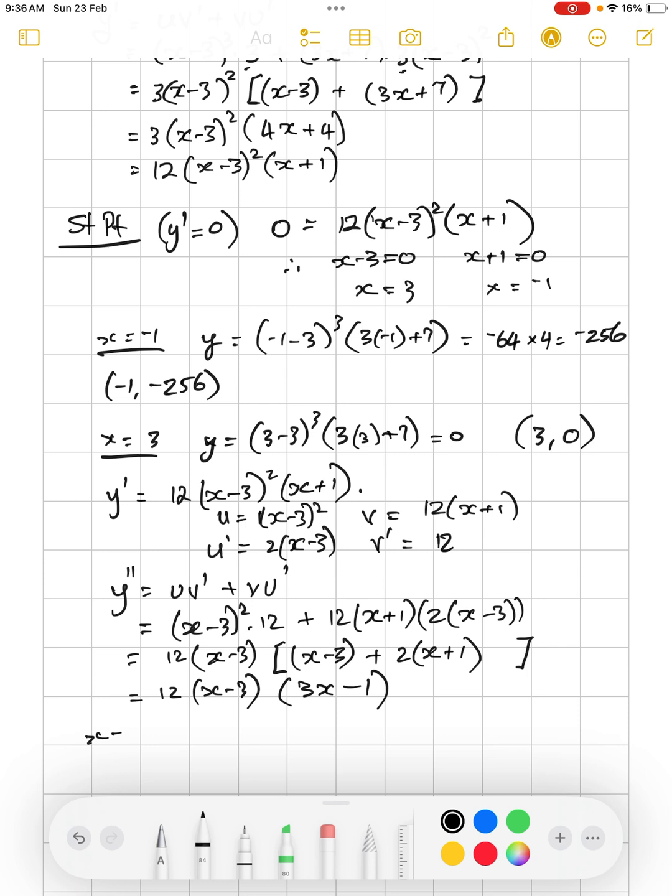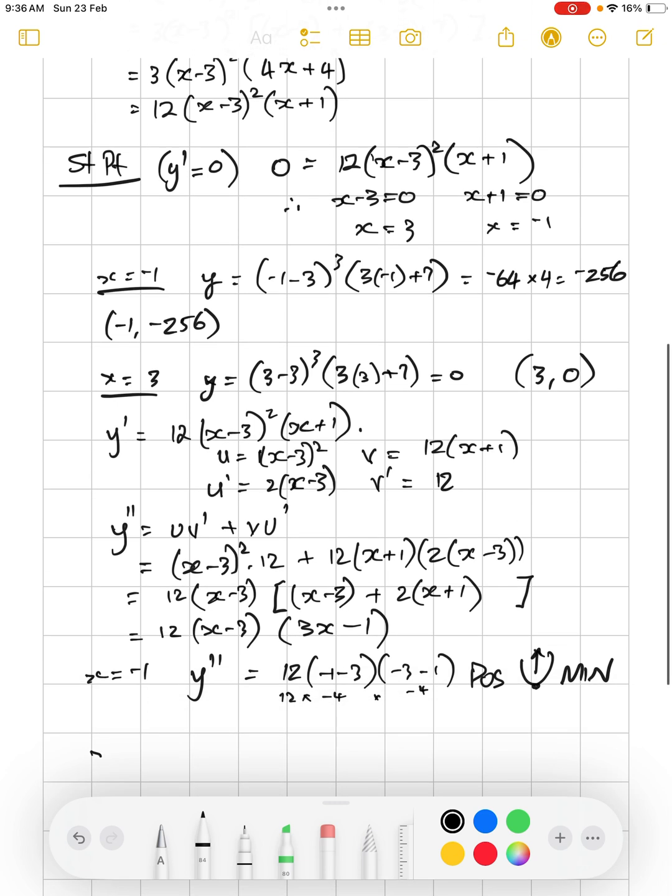So substitute when x is −1, y'' will be 12(−1 − 3). 3 times −1 is −3, take away 1, so we've got −4. We've got a −4 and we've got a 12. That's a positive number. Therefore, it's concave up, so it's a minimum.